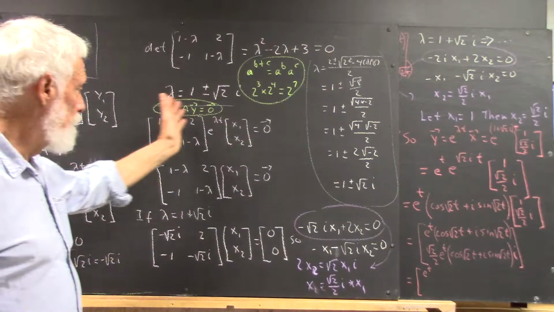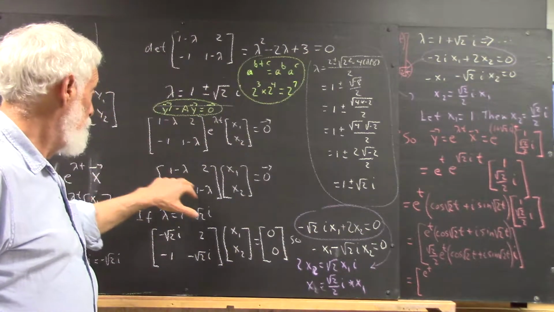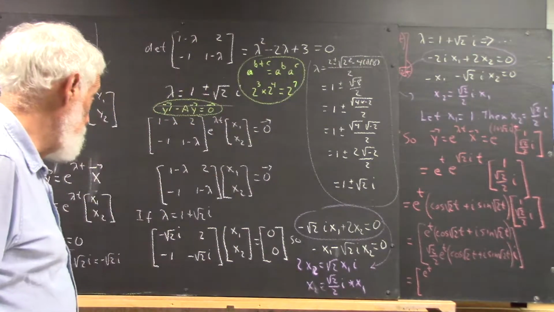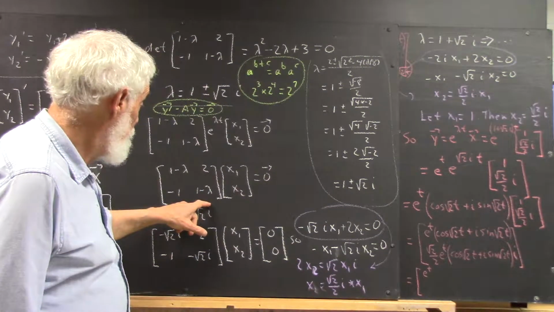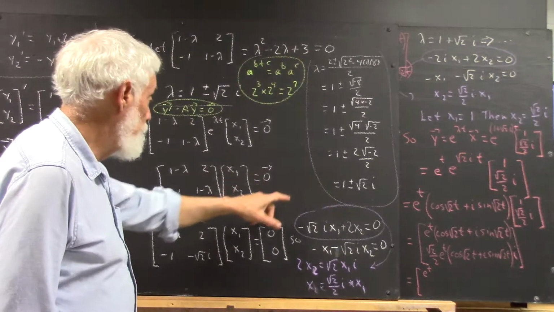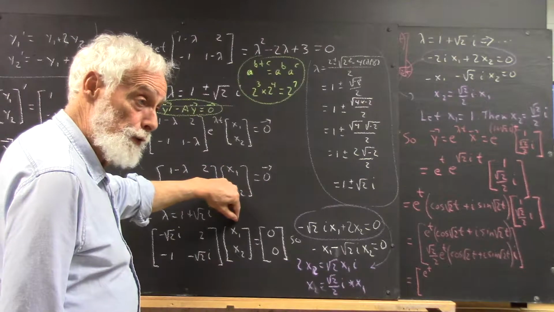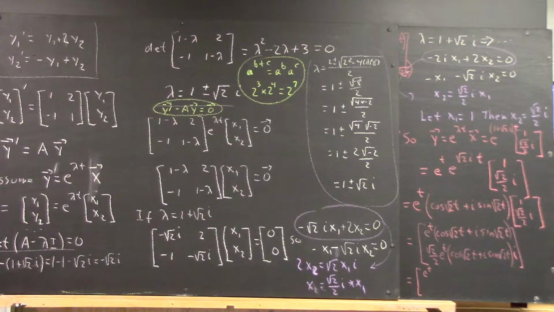In fact, we can just divide through by e to the lambda t and get the equation that you see here, just the same as this equation without the e to the lambda t. And if lambda is an eigenvalue, then this equation has to hold, and we're going to be able to find an x1 and an x2 in the familiar way. It's just that we're going to get complex eigenvalues, so we have to do the complex arithmetic.